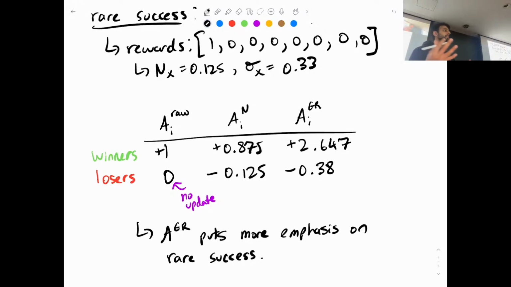Because when we do the mean centering, the numerator will still be 0, and we will similarly do no update. That also makes sense, right? Because the model is already really good at whatever that prompt is. So why would we change it at all? The only updates that we're performing are when there is some non-zero variance in the group, where some of the examples are successful, positive reward, others are not. That's when we're actually doing this update.